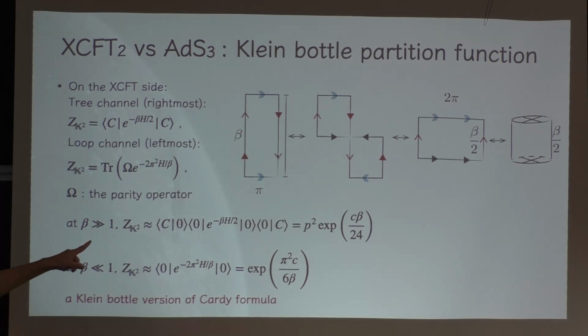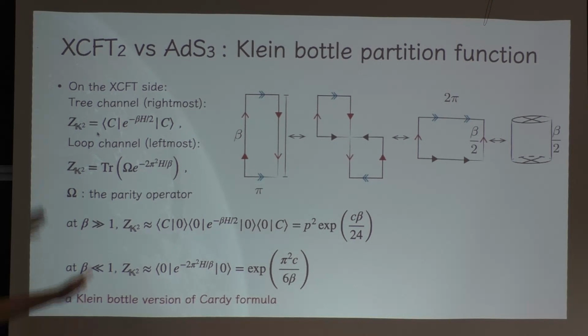Then by copy and paste of this definition, you can get another definition of the Klein bottle, where you start from a cylinder and introduce two crosscaps on the cylinder. If we look at the very right side of this path integral, you can easily find that the Klein bottle partition function can be written as an inner product between two crosscap states.